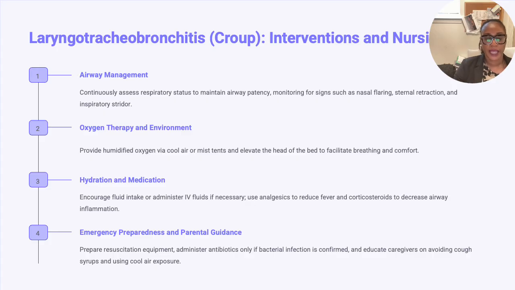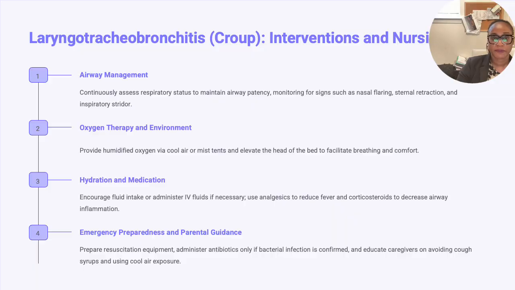We want to administer analgesic as well to reduce fever. And then teach parents to avoid administering cough syrup or cold medicine, which may dry and thicken the secretions. We want to give antibiotics as prescribed. This will not be administered unless there is indication that bacterial infection is present.